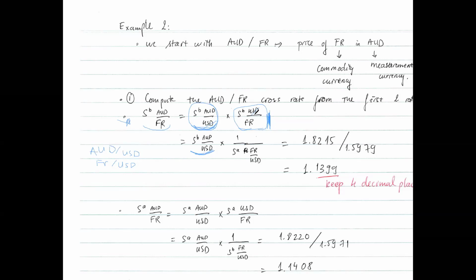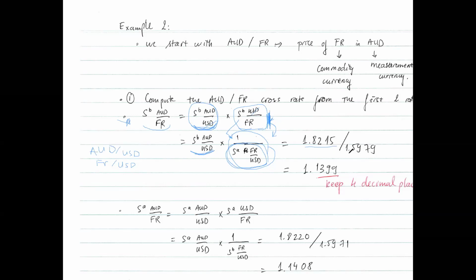Now, this is not directly given in this table, but we have the reciprocal in the table, okay? So what we have to do next is therefore to take the reciprocal of the exchange rate on the right. If I take the reciprocal of this, I will get this. And if I look up in my table, I can find this term, right? This would be the ask rate for the franc divided by the USD exchange rate. And this will be your exchange rate on the right-hand side, okay?